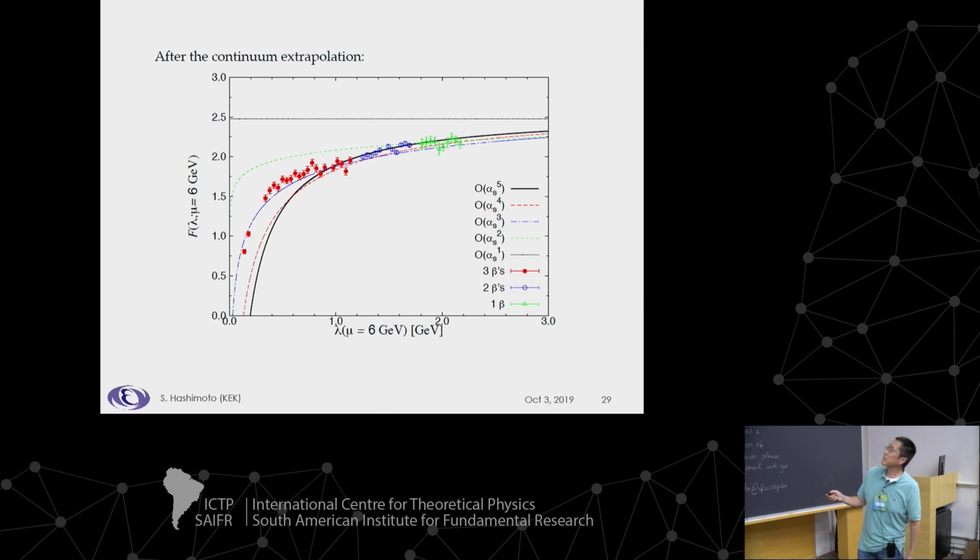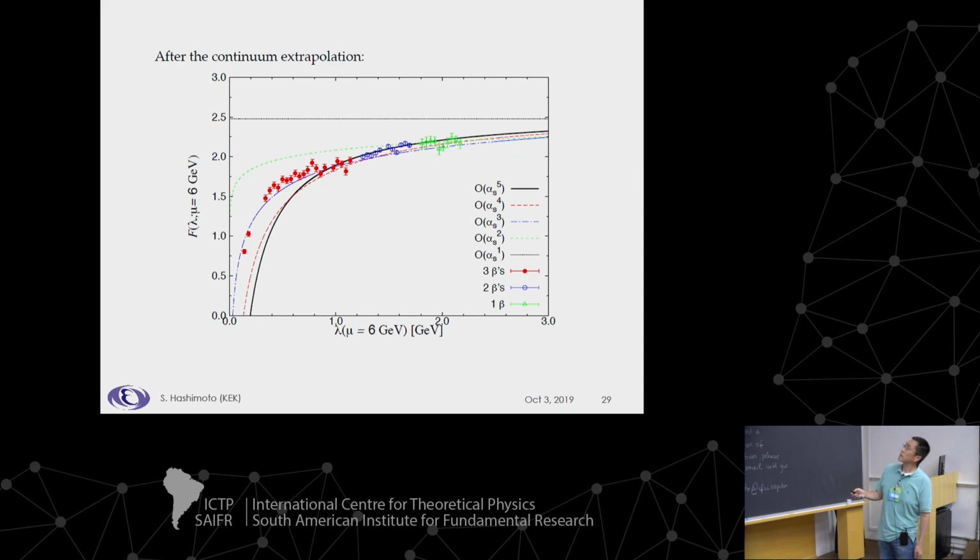Those are shown by the many lines, but this is the same thing. Now the lattice data are shown by the colored points, and the perturbative expansion is given by those lines. For these quantities, up to alpha s to the 4th power, the coefficient is known, and for the last one I use some nominal value of the coefficient.